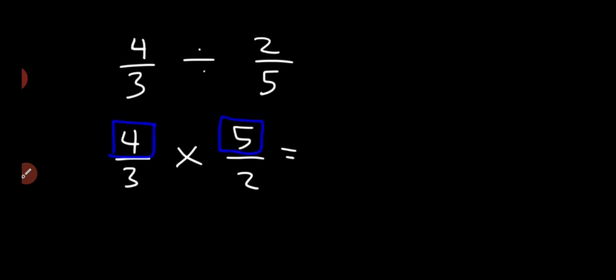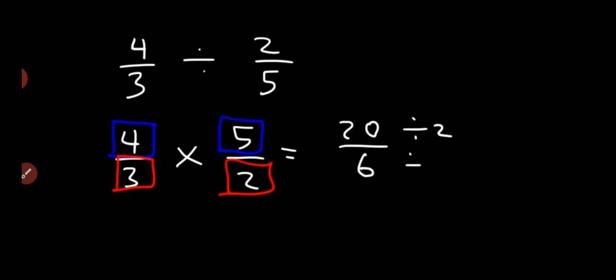What is the reciprocal of 2 by 5? The reciprocal of 2 by 5 is 5 by 2. Okay, and now multiply numerator into numerator and denominator into denominator. Okay, understand student? And this is not your answer, 20 by 60. You have to simplify it, because both have 2 as a common factor, so you have to divide by 2. So your answer is 10 by 3.